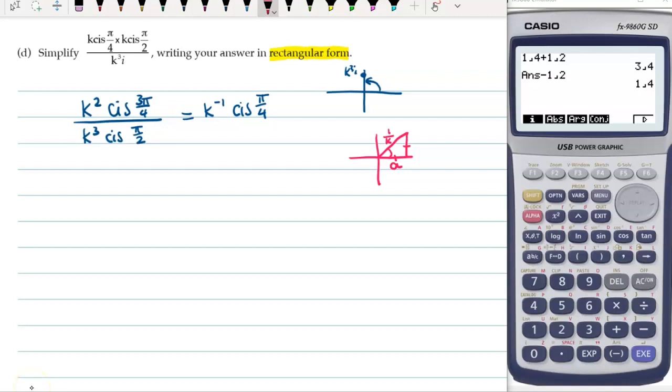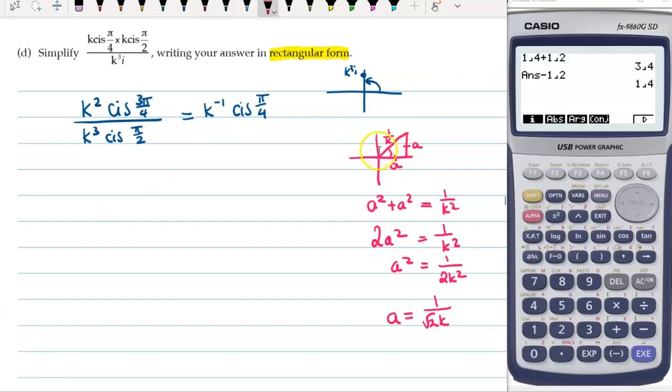Then using Pythagoras, those two sides are the same. a squared plus a squared has to equal 1 over k squared for Pythagoras. So 2a squared equals 1 over k squared. a squared will be equal to 1 over 2k squared. So a is the square root of that. It would be 1 over the square root of 2 times k.